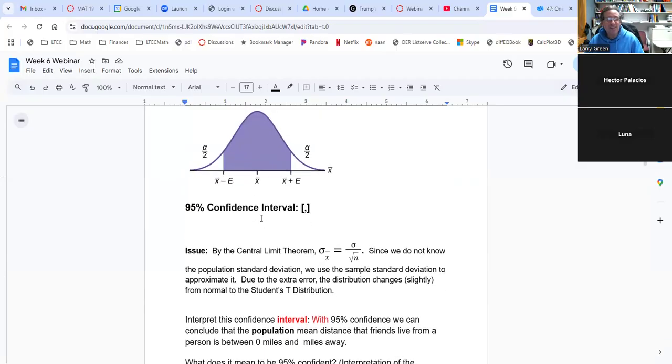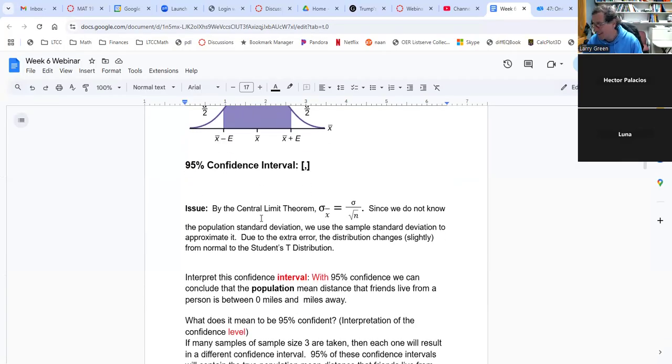Now it turns out, this is one of my favorite stories, the way of handling the fact that we're using S instead of sigma, and increasing the error bounds that we've got so that we can handle that extra, is all about beer. I'm sure that's what you're all thinking, right?